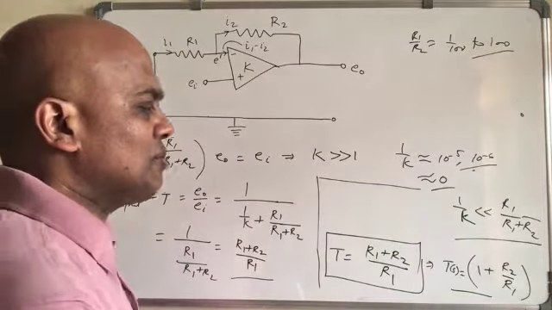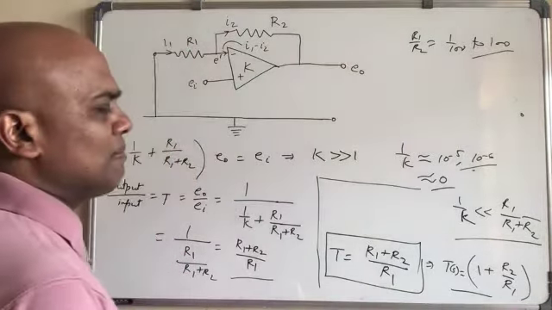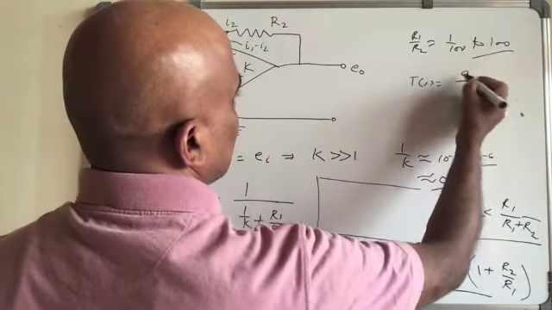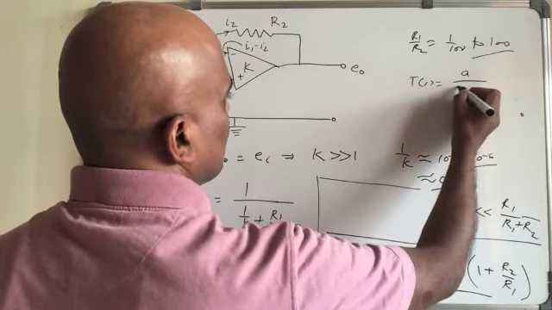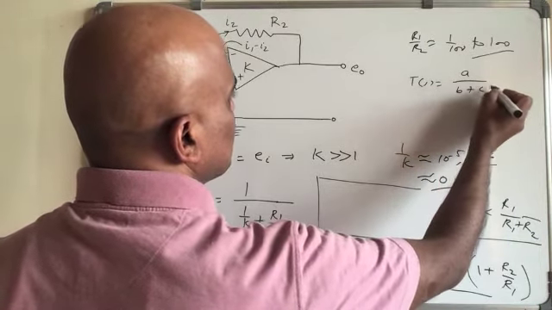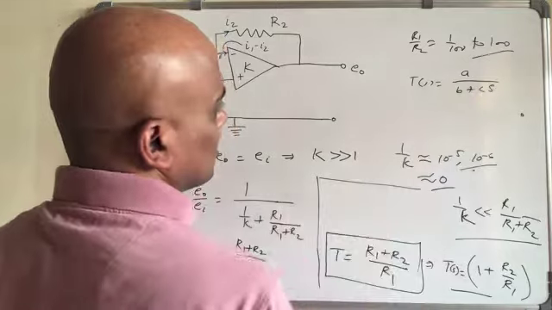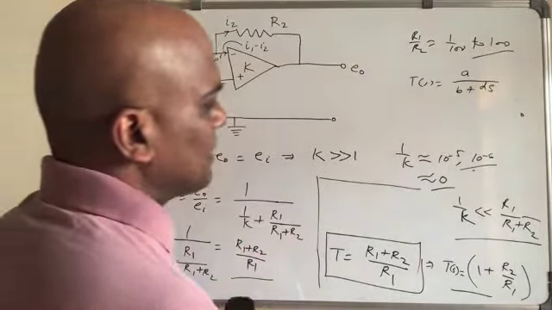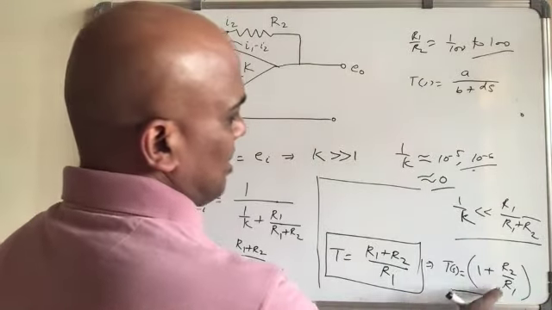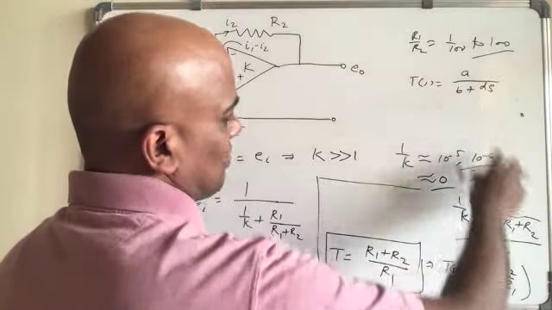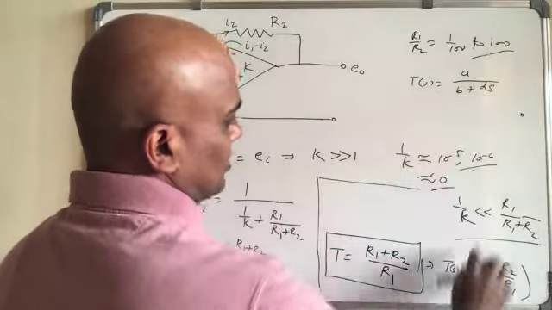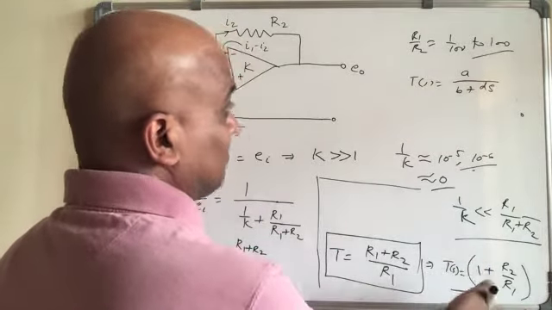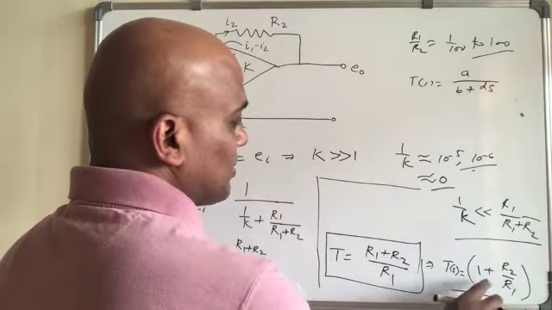For example, if you wanted to make some T(s) equal to, say, (a plus bs) divided by (p plus cs), something like this, then you have to get it in this form, and it may not be possible to get exactly this.